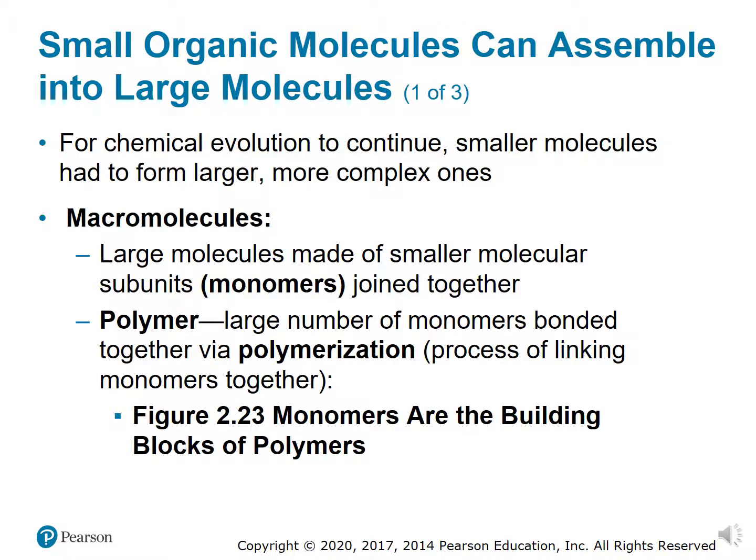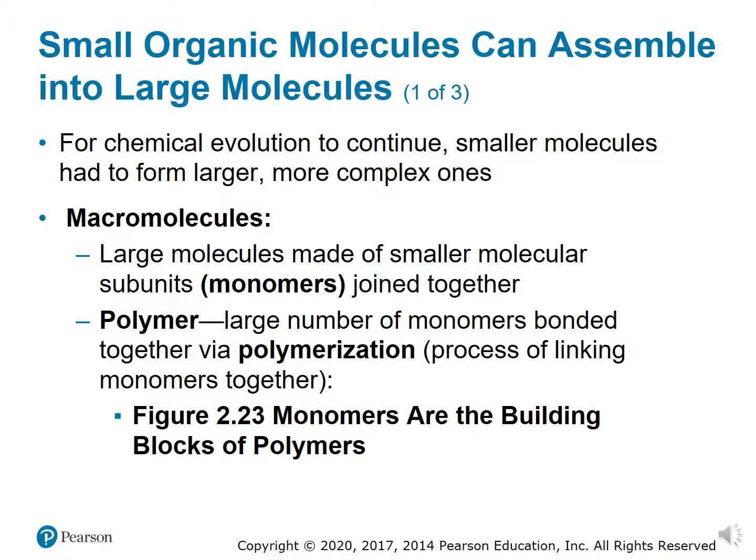Small organic molecules assemble into large molecules. Remember, it requires vast amounts of kinetic energy. Macromolecules are made from small subunits called monomers. Another way to say macromolecule is polymer.